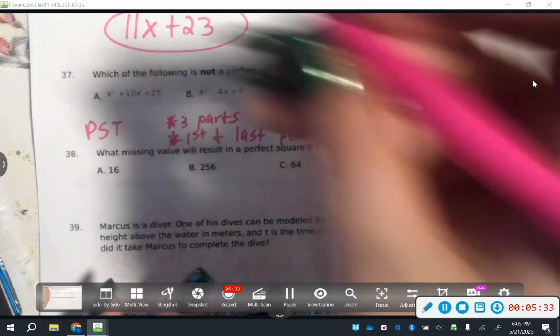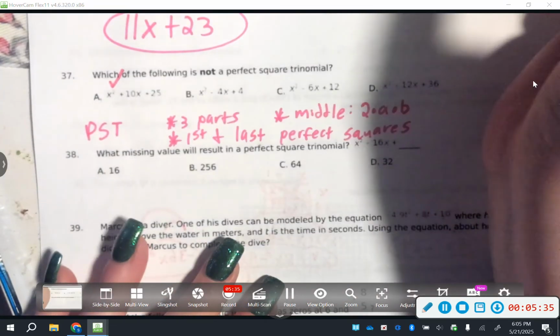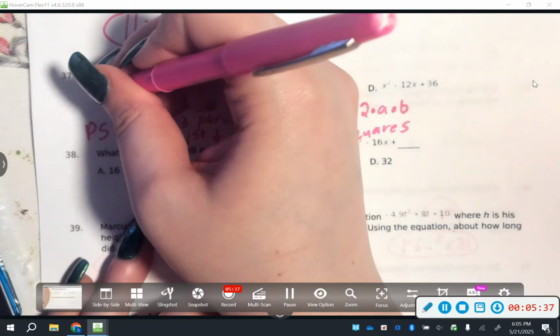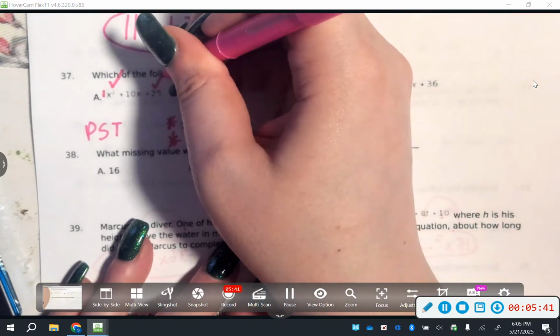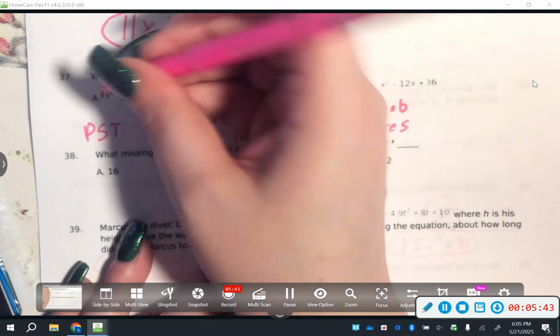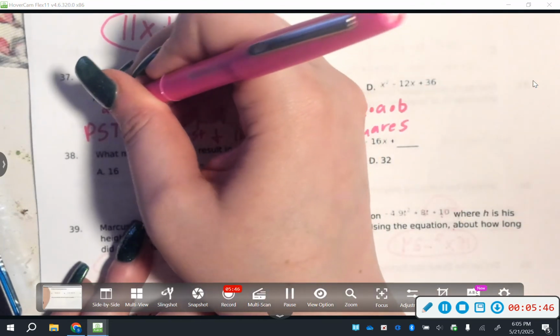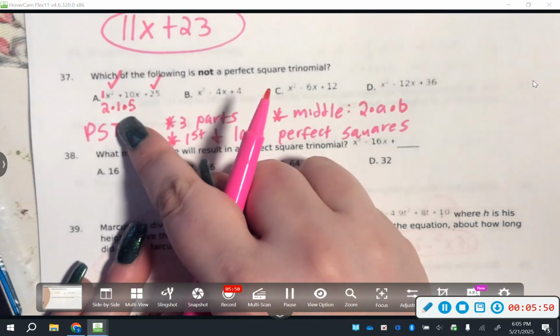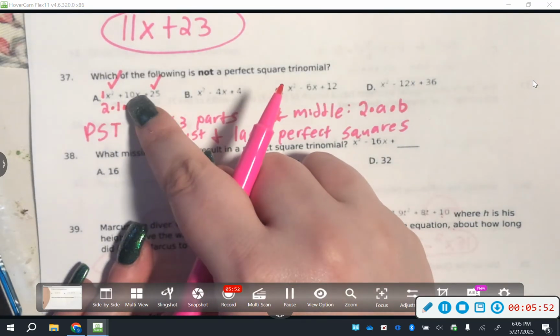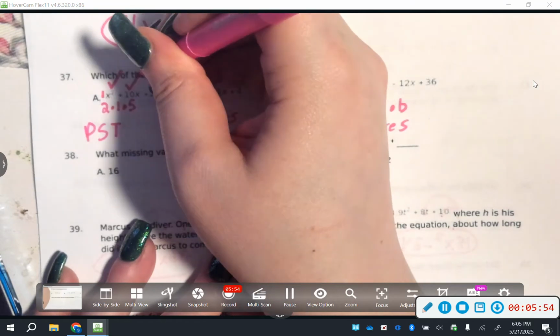So for example, if I'm looking at this one, x squared is a perfect square, x times x. If there's no number in front, it's 1. 25 is a perfect square, it's 5 times 5. So to check the middle term, we would do 2 times 1 times 5. 2 times 1 is 2, 2 times 5 is 10. Is that the number in the middle? Yes.